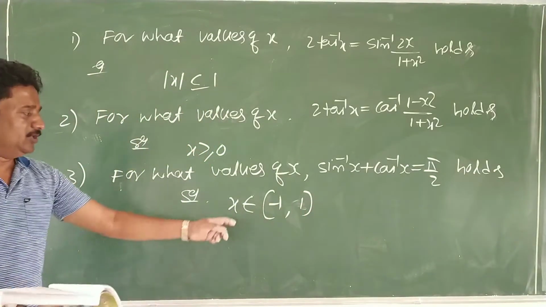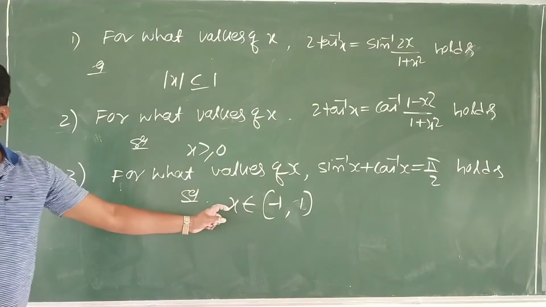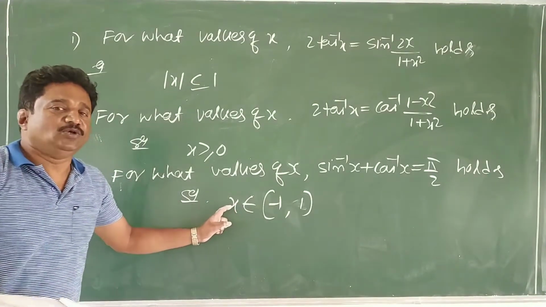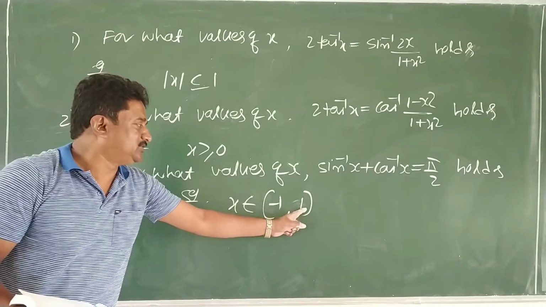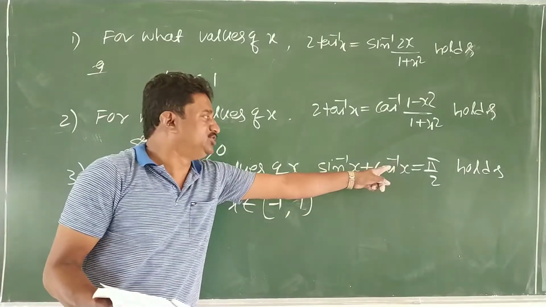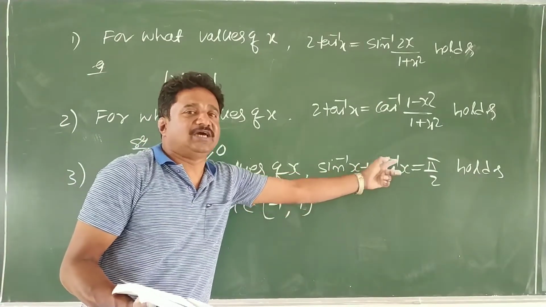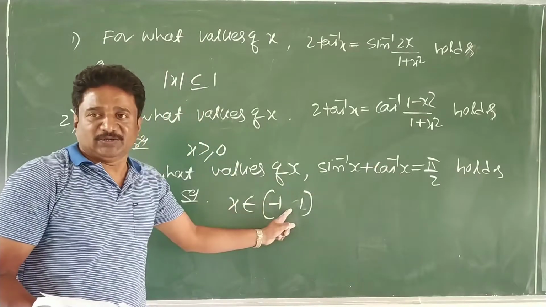If x values are from minus 1 to plus 1, then this formula is true. This formula becomes correct for these x values, right?